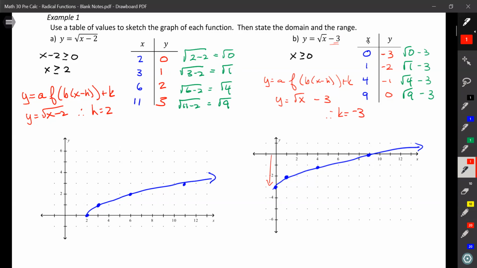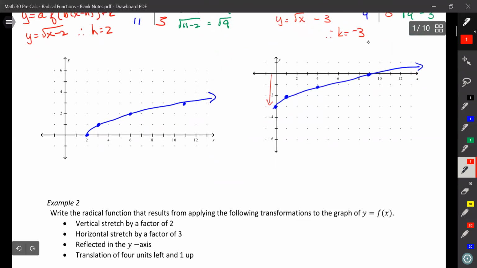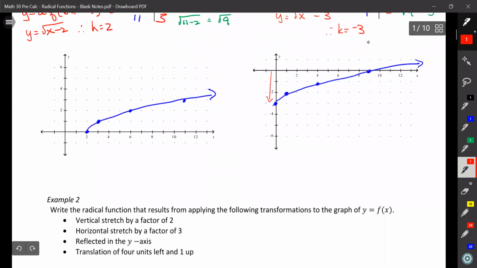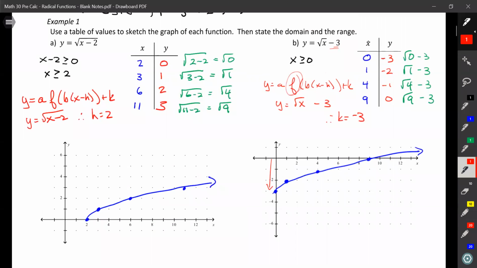Because we know it is a radical function, that's why we don't have the f out in front. And we can write it as that radical function of the square root of x. Okay, so that's one of the ways you can graph, given the function: use a table of values.